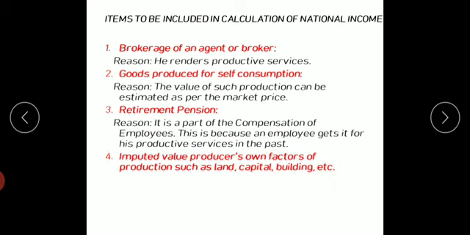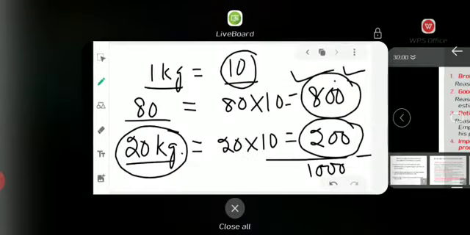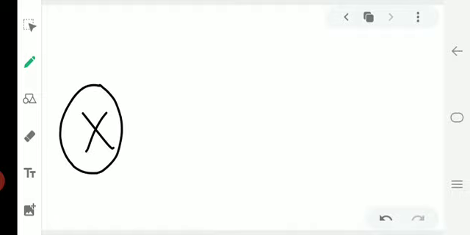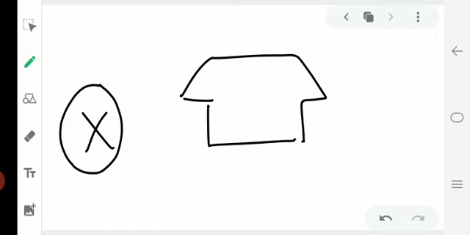Next, imputed value of producer's own factors of production such as land, capital, building, etc. So what is the meaning of imputed value? Suppose it will be better to explain it with an example. Suppose a producer, X is a producer, he needs a building. He wants a building to start his business.